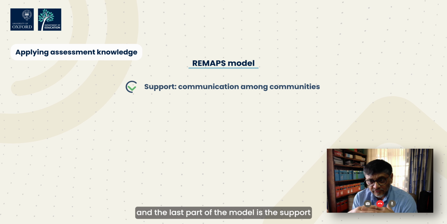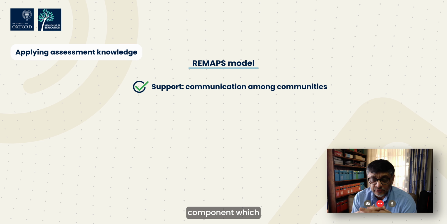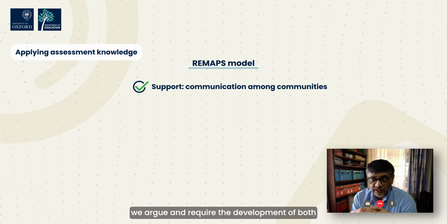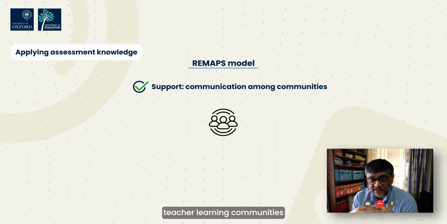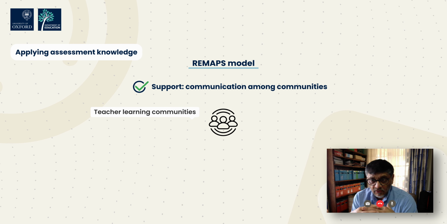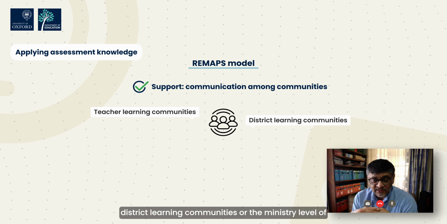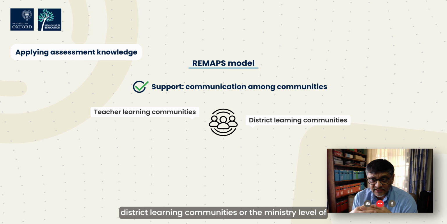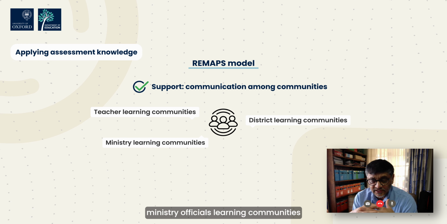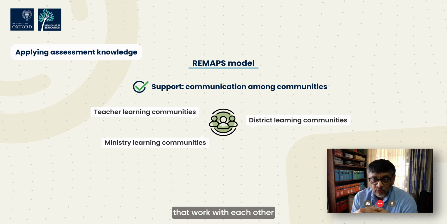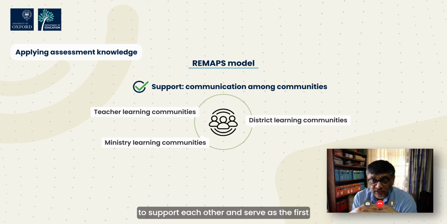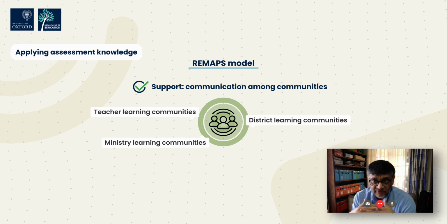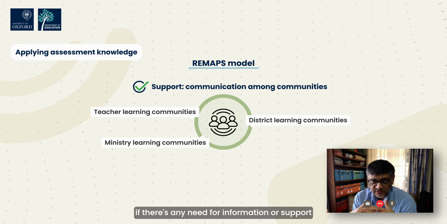And the last part of the model is the support component, which we argue requires the development of teacher learning communities, or at the district level, district learning communities, or at the ministry level, ministry officials' learning communities, that work with each other to support each other and serve as the first point of contact if there's any need for information or support.